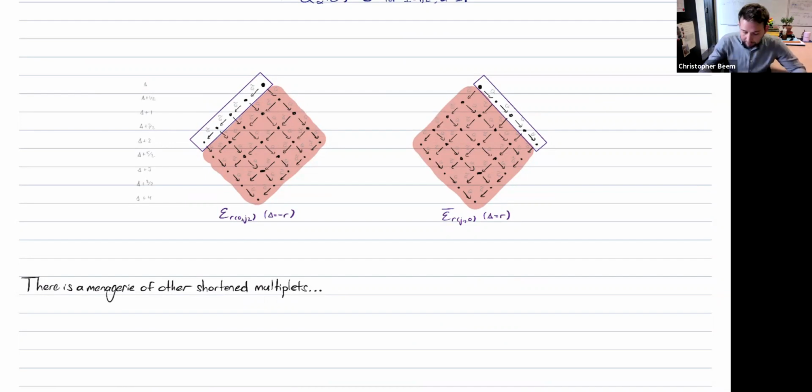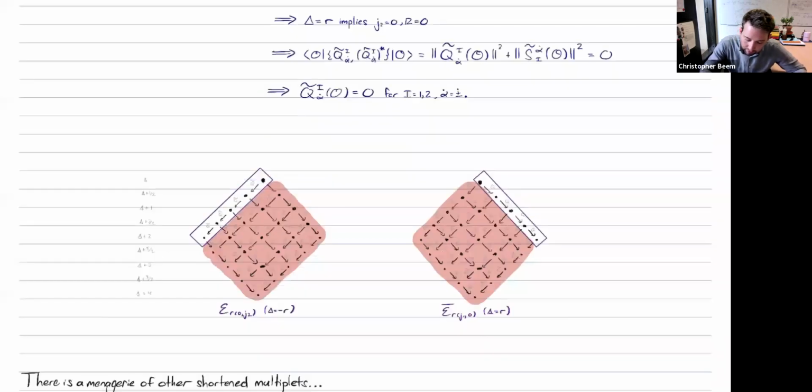In addition, because representation theoretically there are fewer states in these multiplets as a consequence of a relation of quantum numbers that involve the scaling dimension, importantly, that means that the scaling dimension can't be renormalized. It can't be corrected if you start varying things, because then you would move outside of this setting where you had a smaller supermultiplet.